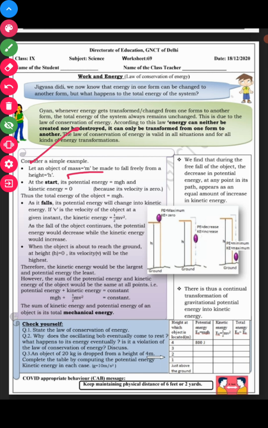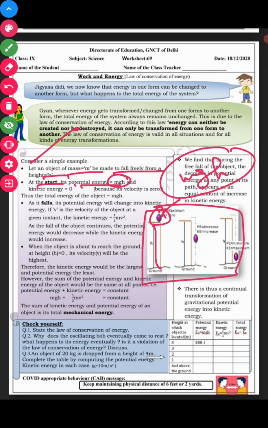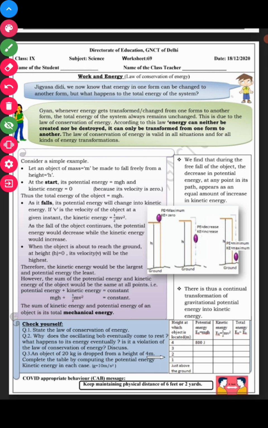If an object has mass m and is made to free fall from a height of h, at that height it has its maximum potential energy, that is mgh, but the kinetic energy is 0 because the velocity is 0 at that height. The total energy remains the same, that is mgh.